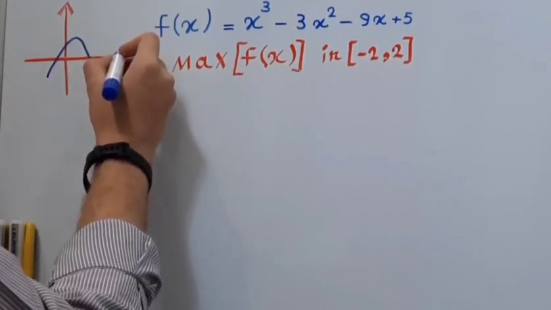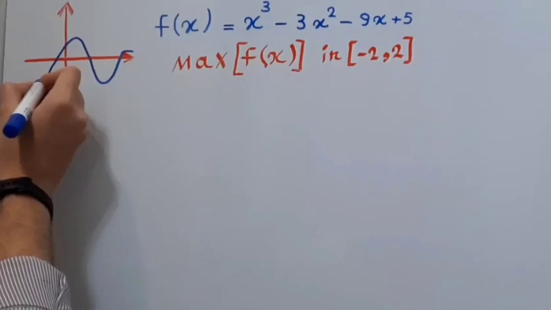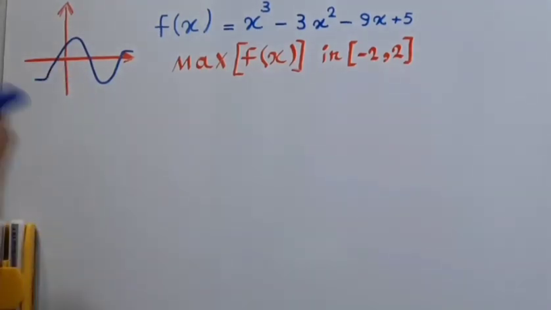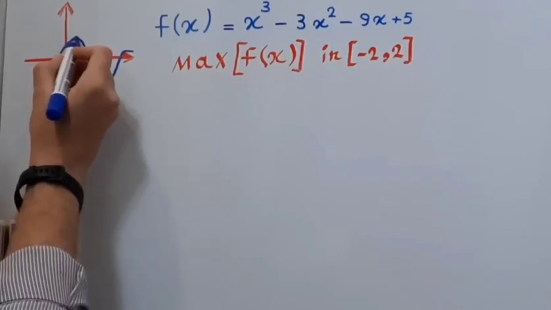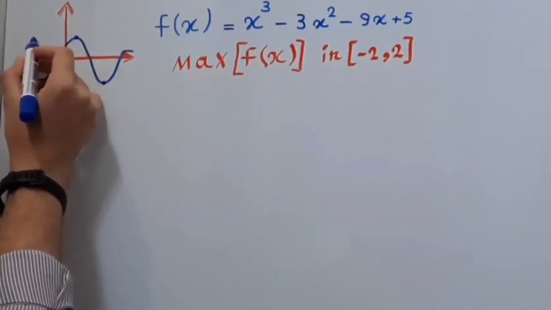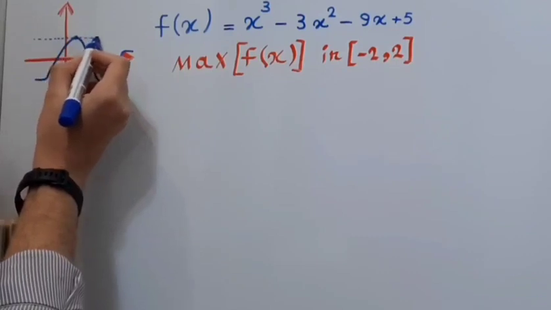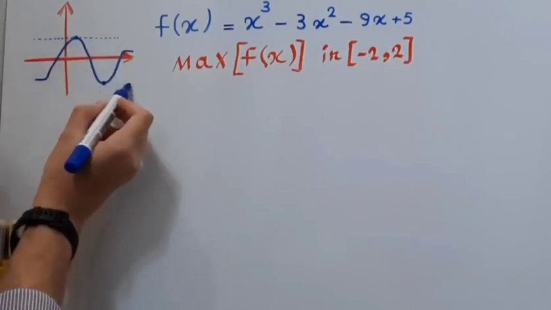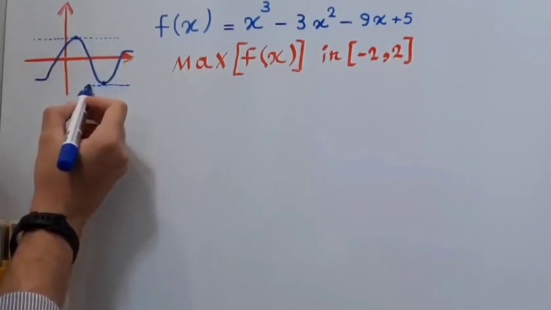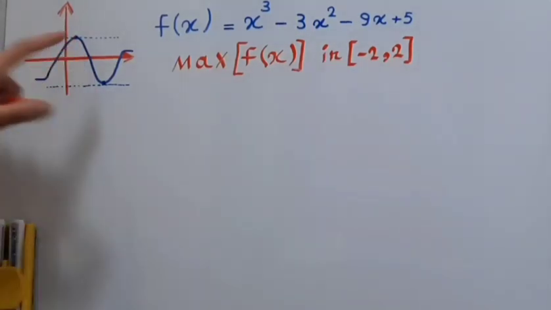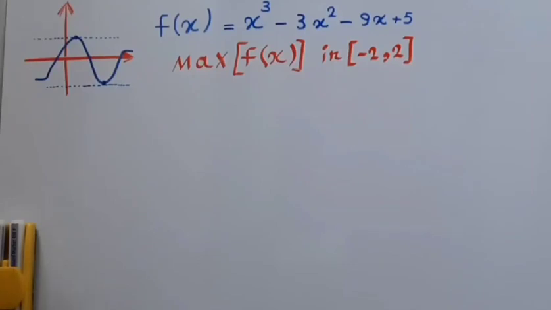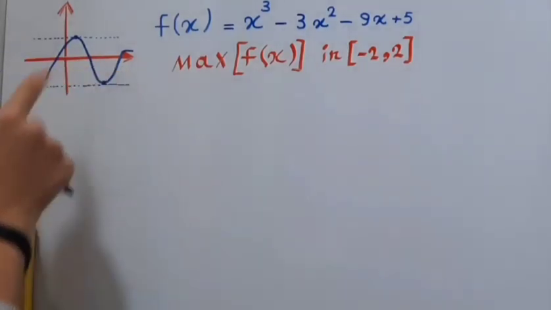Here, for example, is a graph, and it goes like this. Here, this point and this point. We say this point is the maximum value of the graph.